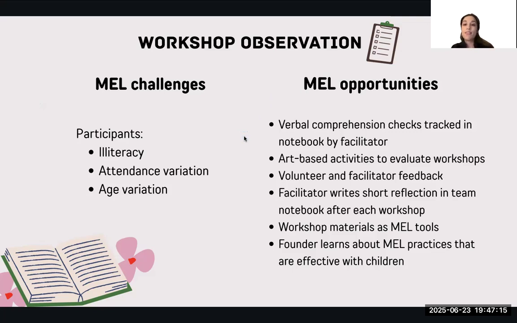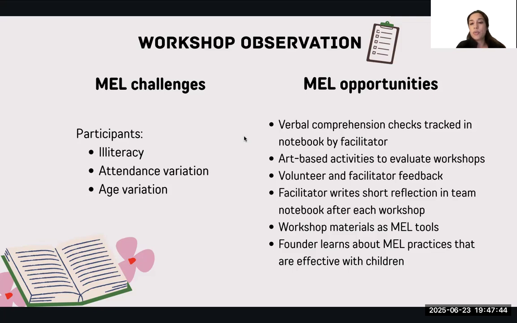You can get feedback from volunteers and facilitators who are in the workshop with either the founder or the facilitator. You can get them to write short reflections in a team notebook after each workshop. This notebook can then be used monthly to look over and figure out what needs to be changed. So this becomes a monthly learning activity.